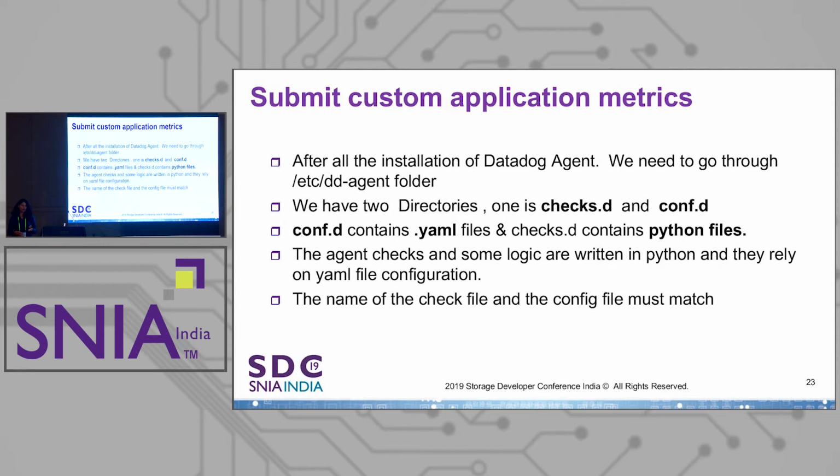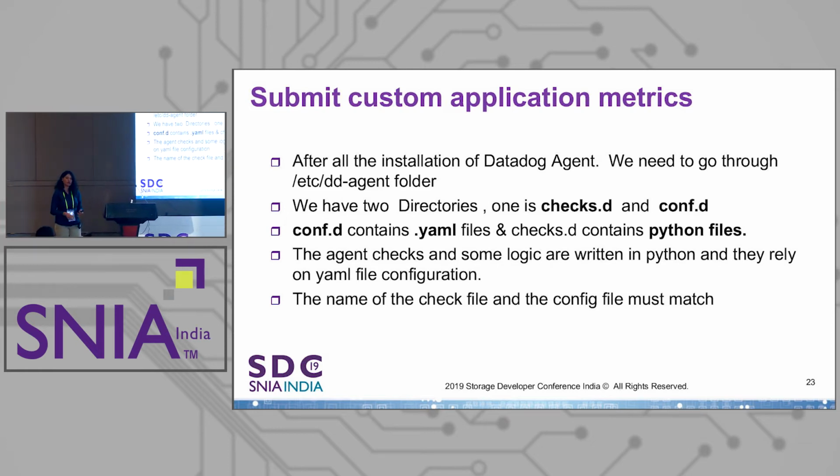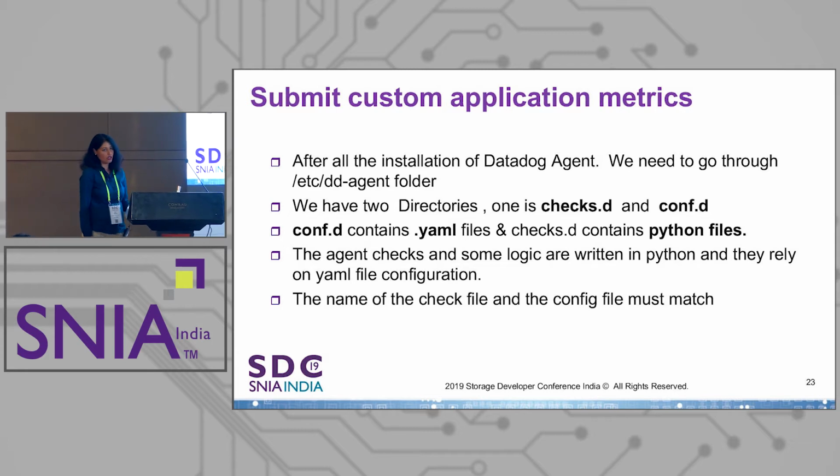That's the next thing. How do you submit custom application metrics? After installing the Datadog agent, which supports both Linux as well as Windows, in the C program data files you will see checks.d and conf.d. You need to make a file and configure the metrics that you need to monitor.